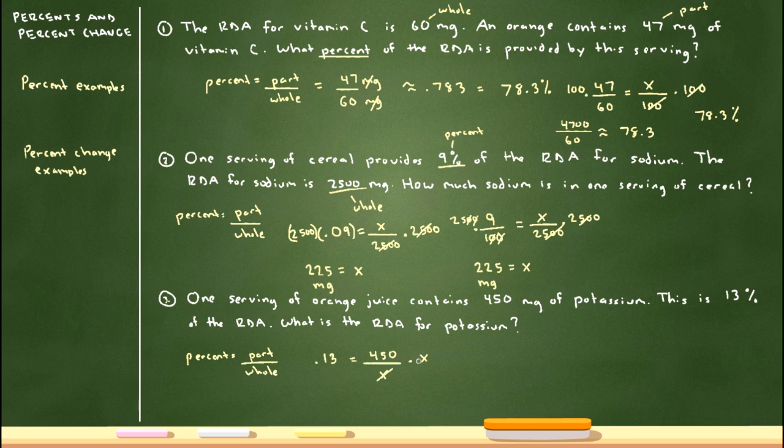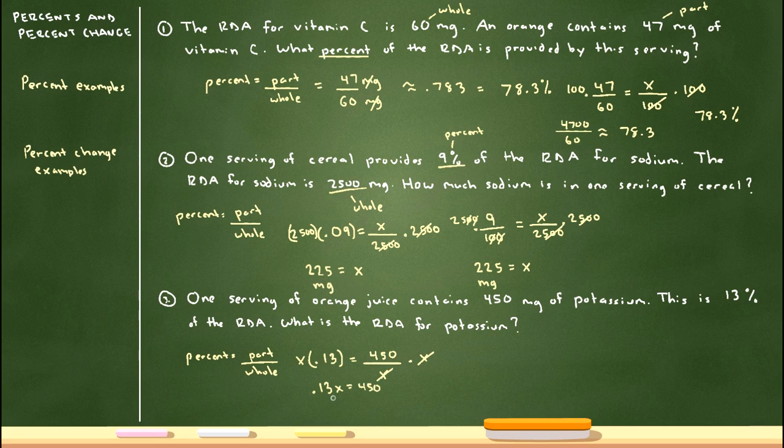So we multiply both sides by x. So they cancel over here. And let me do parentheses here just to avoid any confusion with the multiplication dots here. So we have 0.13 times x is equal to 450.